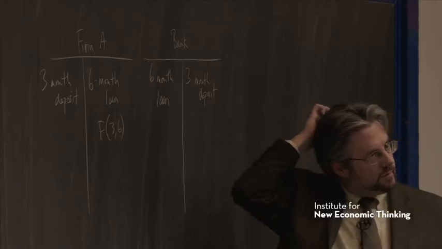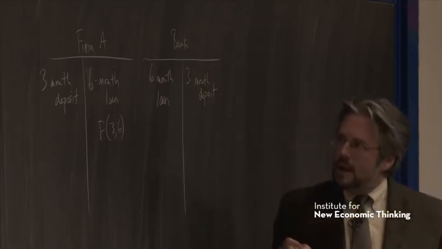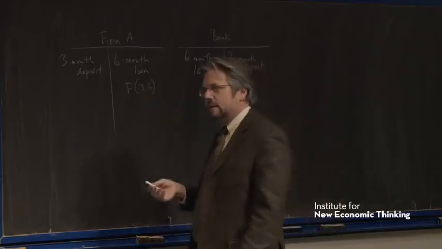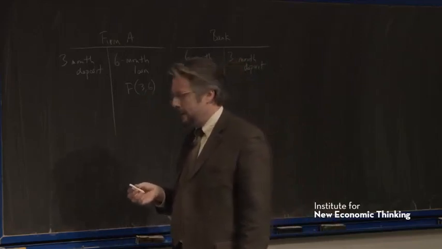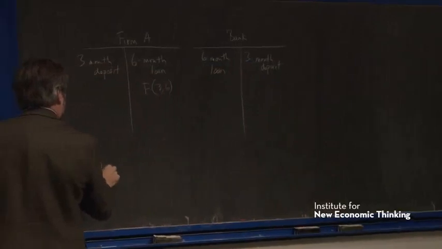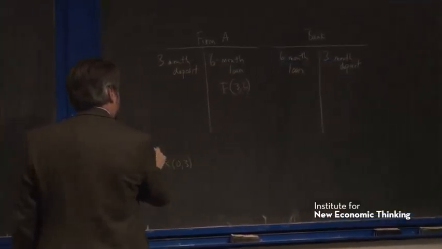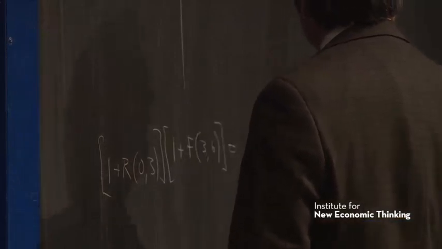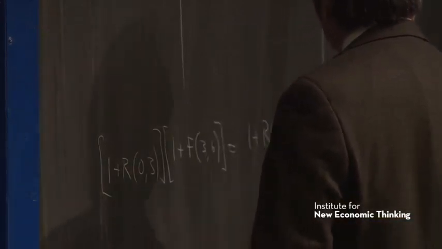of IOUs, okay? And that F is defined by the forward interest parity, right? That it is 1 plus R03 times 1 plus F36 equals 1 plus R06.